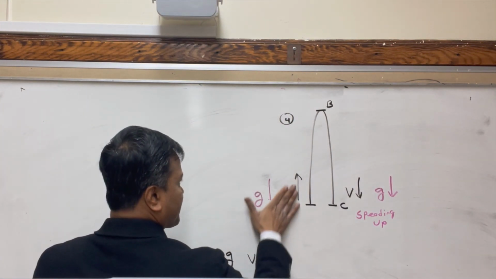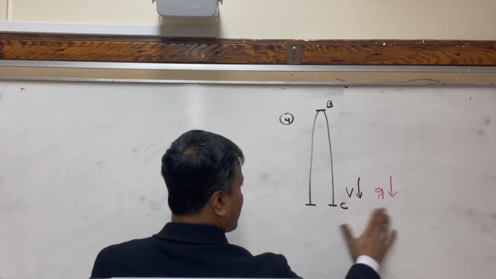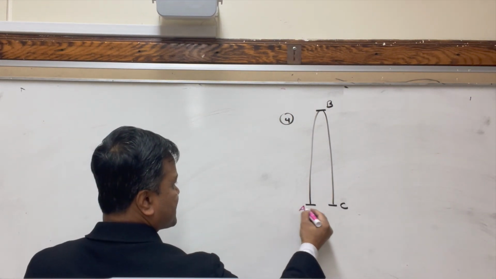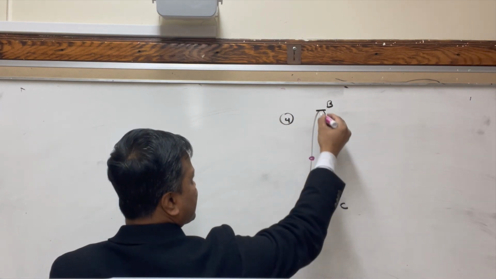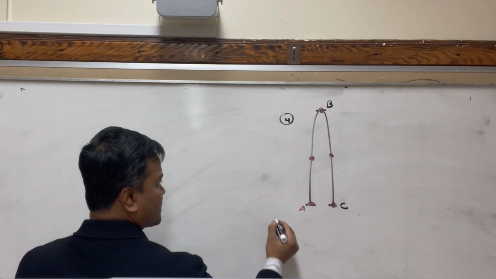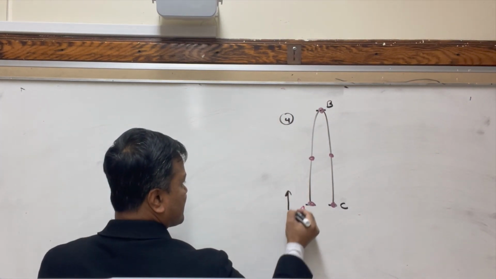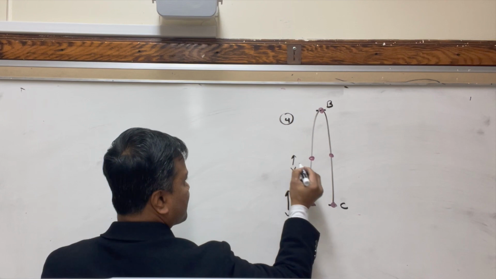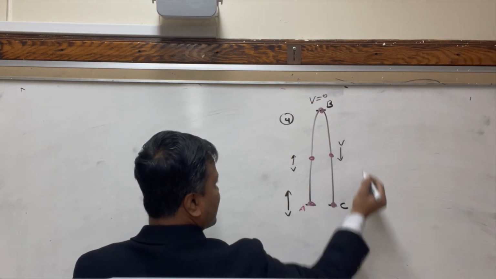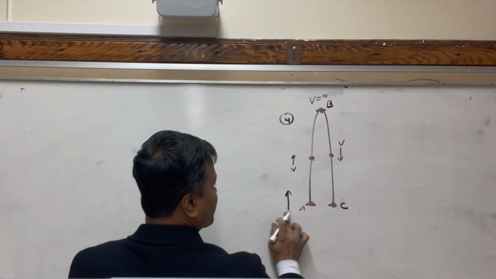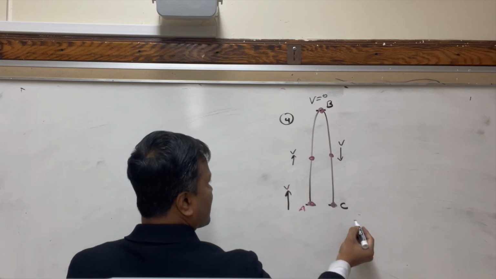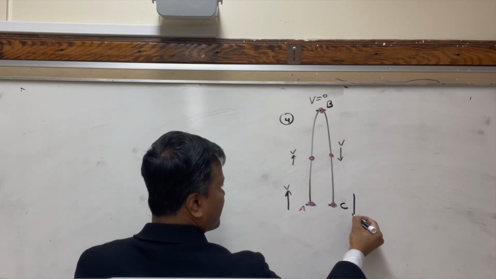Another one I'm going to show you: the velocity vector and acceleration vector at 3 locations. Of course, here, here, and here. Let's first draw the velocity vectors.